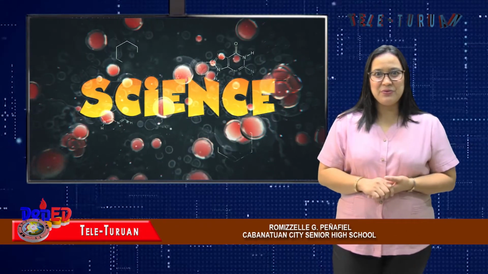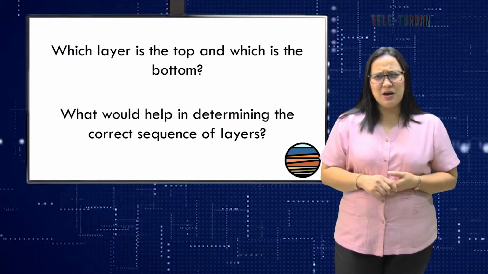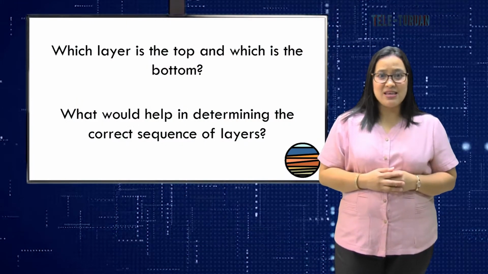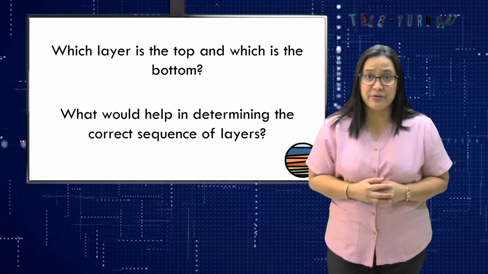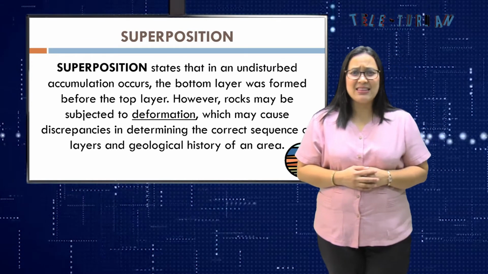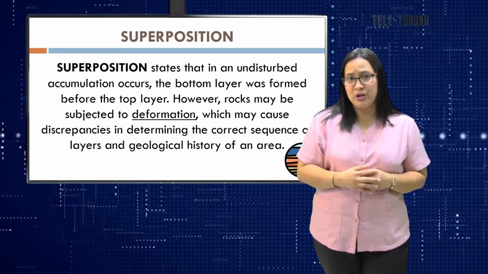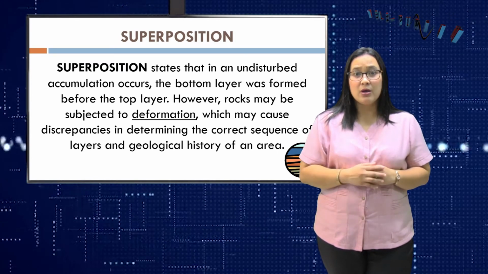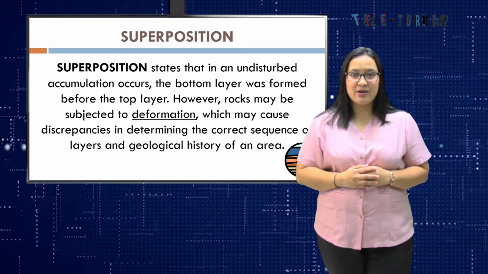Let us continue. Which layer is the top and which is the bottom? What do you think would help us in determining the correct sequence of layers? Superposition states that in an undisturbed accumulation, the bottom layer was formed before the top layer.